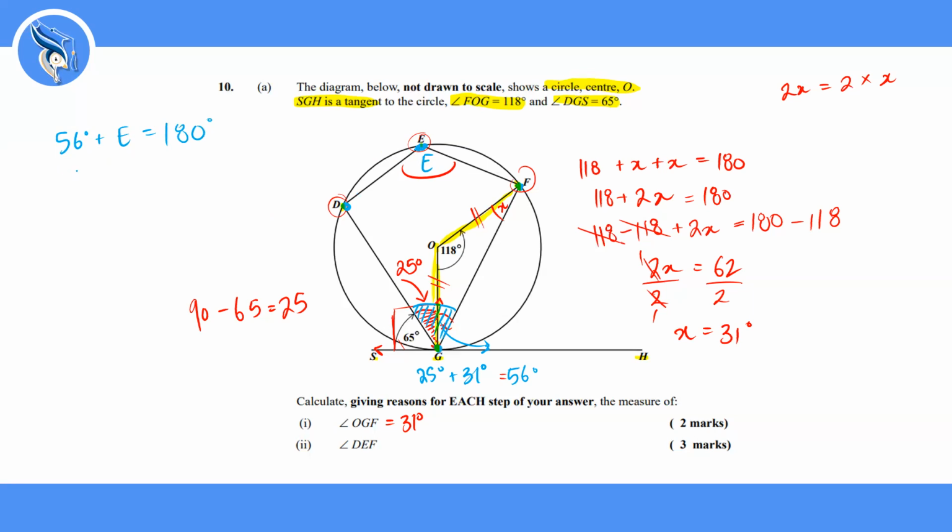That means E is equal to 180 minus 56, which is 124 degrees. You got this, right? So this is 124 degrees.